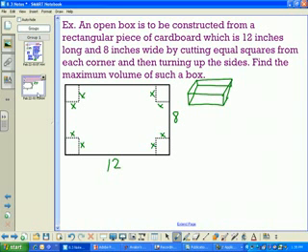So let's talk about what's left over. If I have 12 all the way across this bottom and I'm taking away x and x, this part would actually be 12 minus 2x. So this side is 12 minus 2x. And this side, we're doing the same thing, so that would be 8 minus 2x.